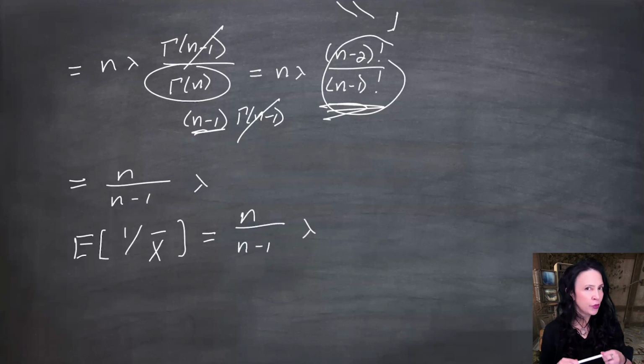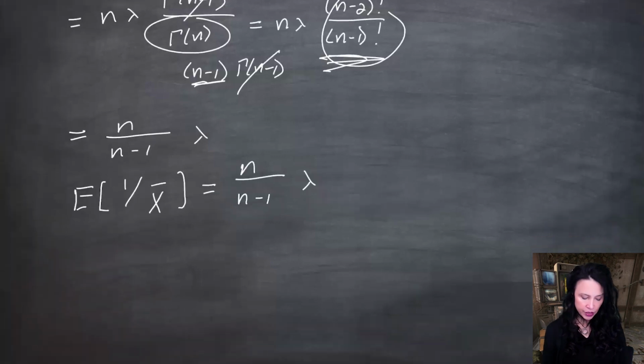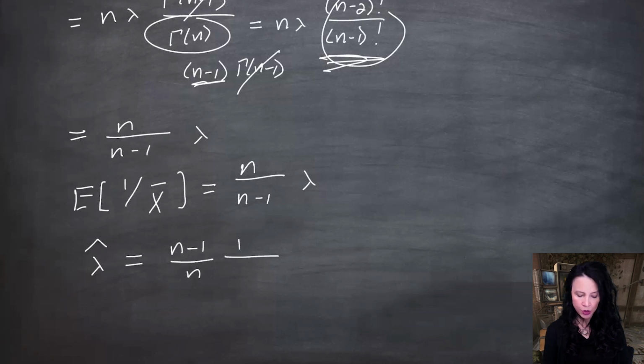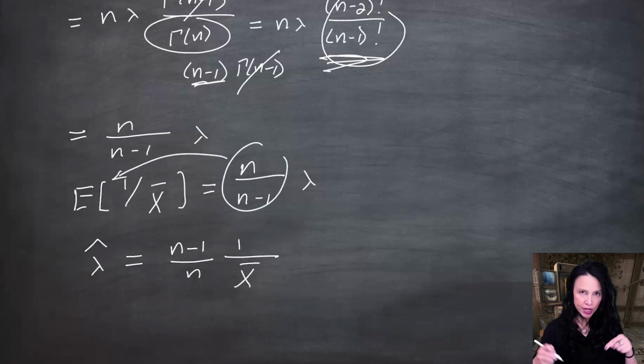We knew that x bar was unbiased for the mean, 1 over lambda, so we tried 1 over x bar. And we didn't get lambda, but we got close. So the unbiased estimator for lambda is n minus 1 over n times 1 over x bar. In other words, I'm taking this and flipping it over there so that if you run the expectation across, you would cancel things out and just get lambda.